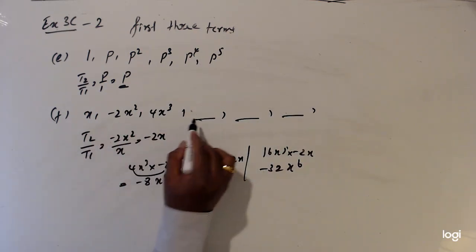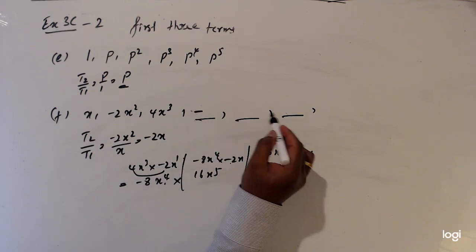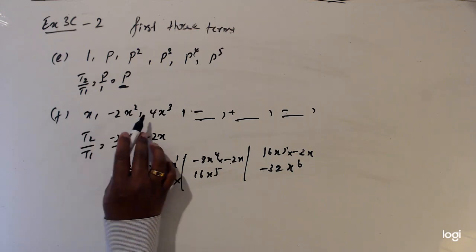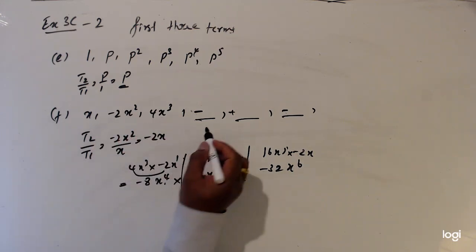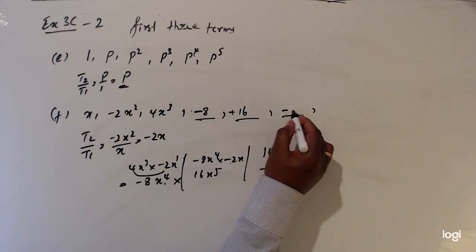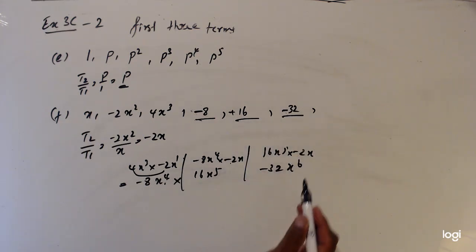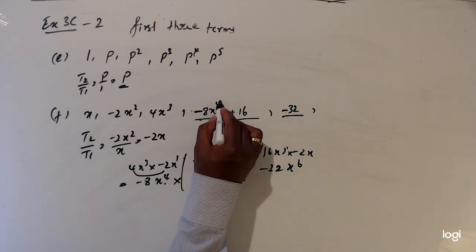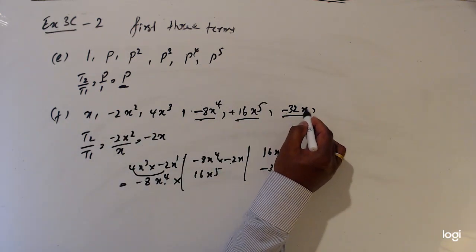Minus, plus, minus, plus, minus. 1, 2, 4, 8, 16, 16 times 2 is 32. And then x to the 1, x squared, x cubed, x to the 4, x to the 5, x to the 6.